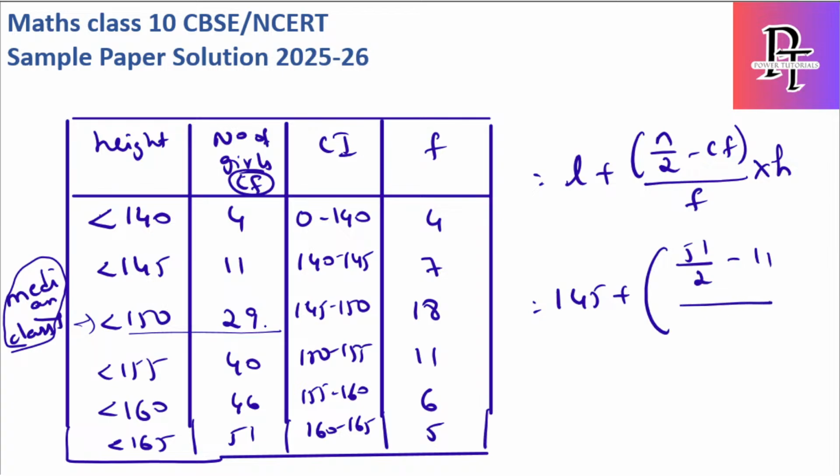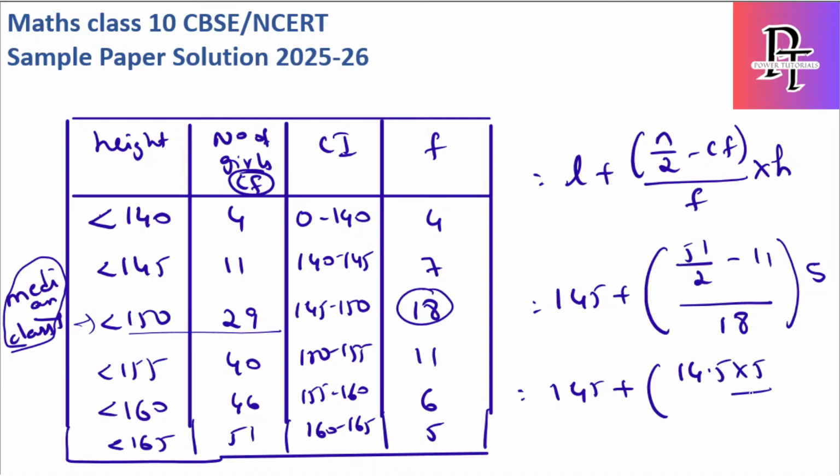The frequency is this one, not 29, it is 18. h is nothing but the interval difference, here 140 to 150, which is 5. So this becomes 145 plus (25.5 minus 11, which is 14.5) into 5 by 18.